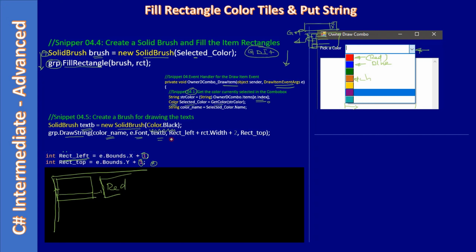So this entire portion decides the horizontal offset. Top tells the vertical offset. For top we already have e.bounds.y plus 1. If there are multiple items, x may be fixed, right?